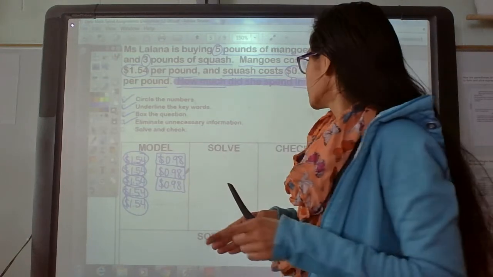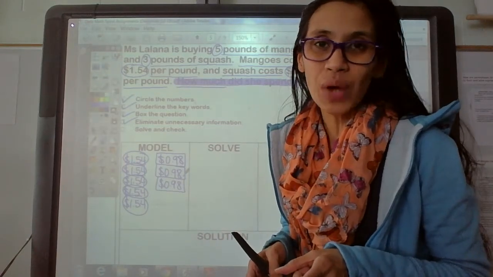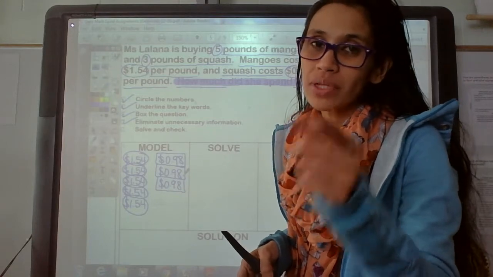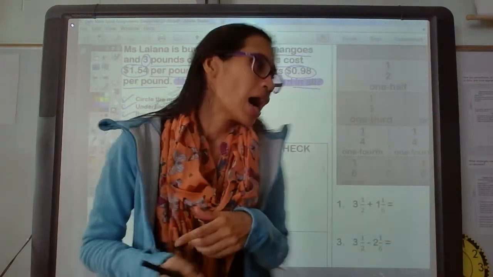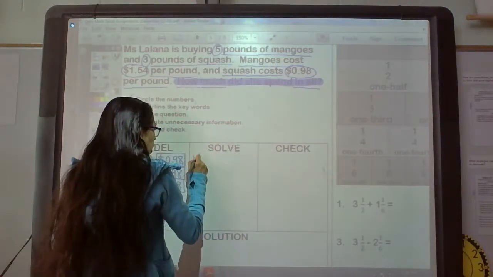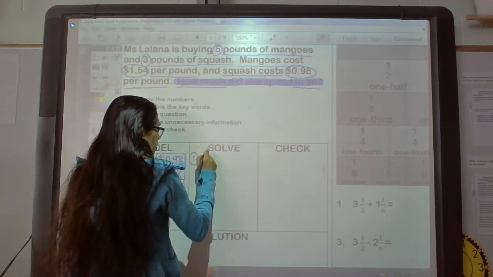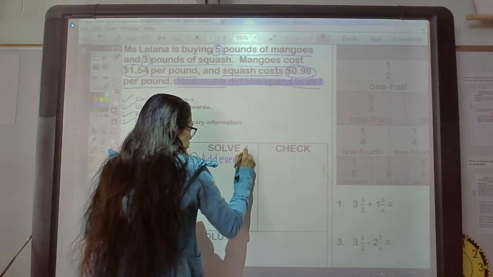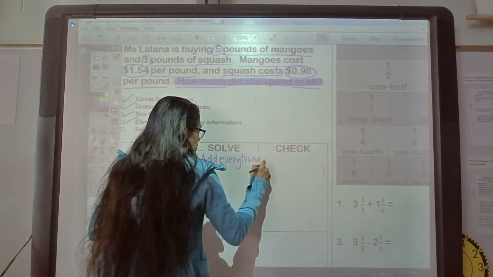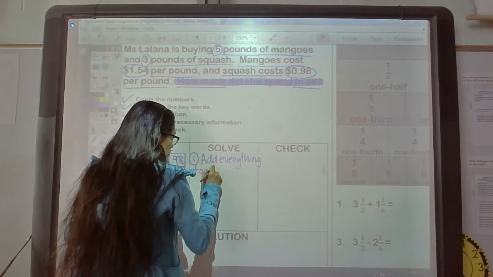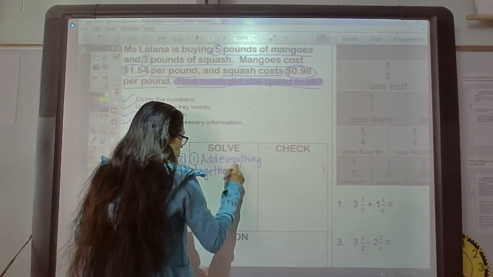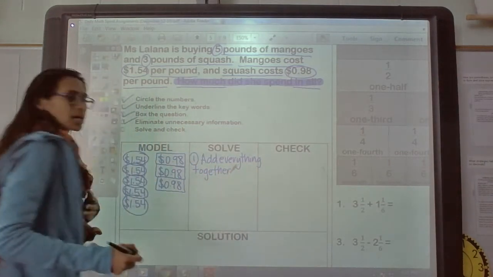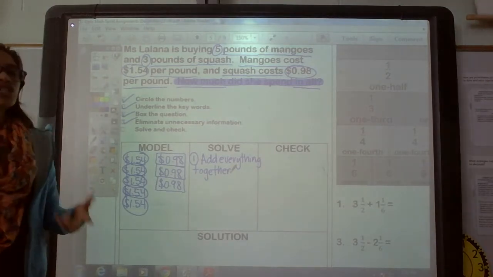Got that? I'm not going to write it. You need to write it. Okay, I'll write a clue for you. So one strategy is to add everything together. Bam. That's one strategy.